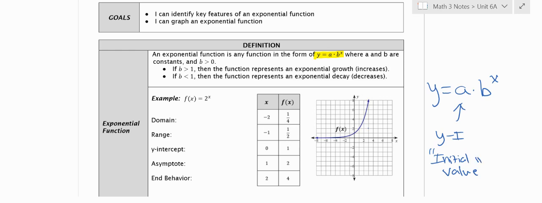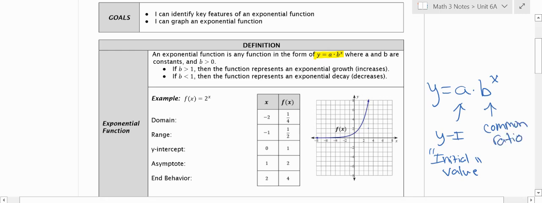B is what we a lot of times call our growth factor, or this is our common ratio. And essentially, it's what we multiply by to get to the next term, right? And we always think about it in terms of multiplication. So if let's say I'm dividing by 4, it would be the same as multiplying by 1/4.